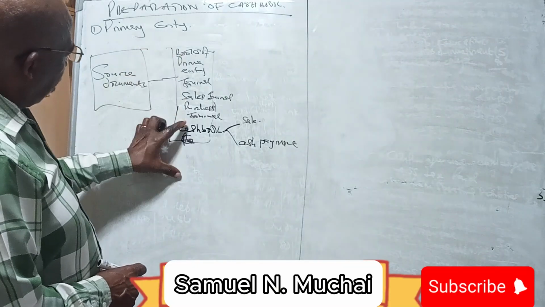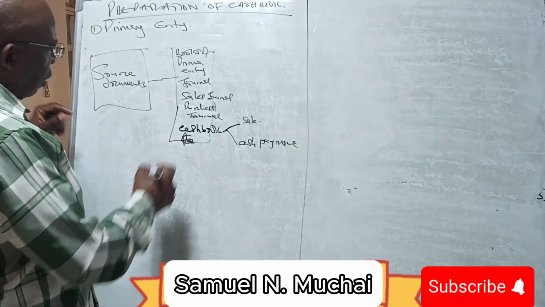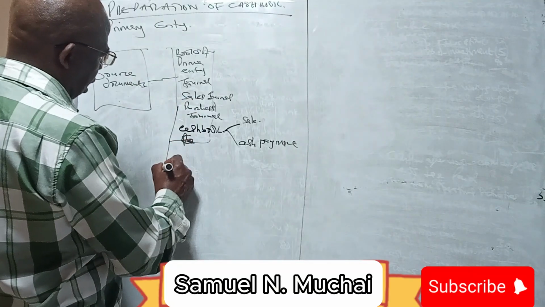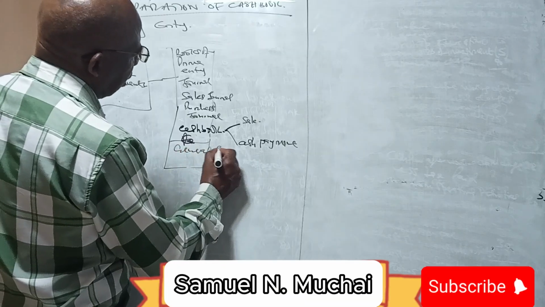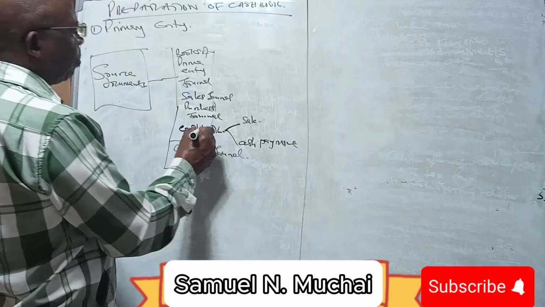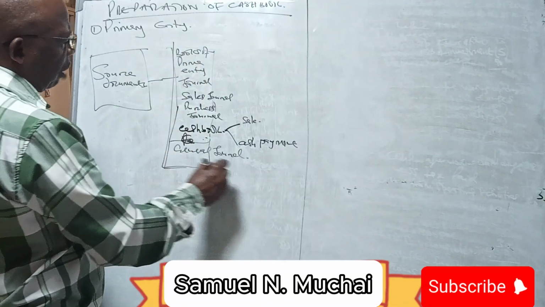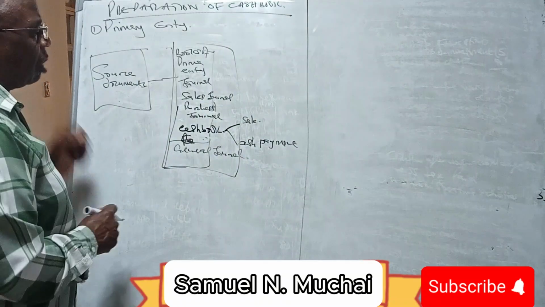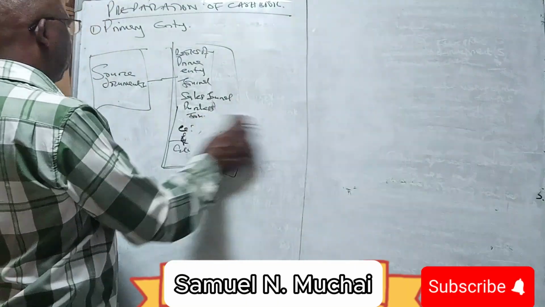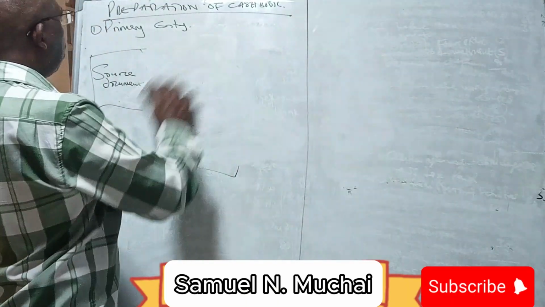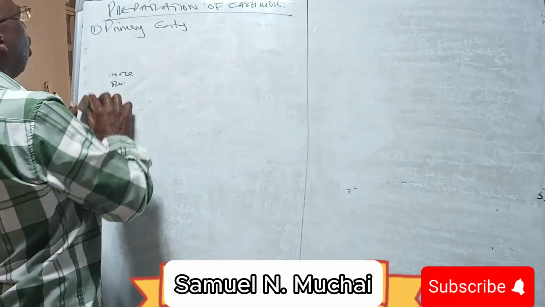So we are saying there are very many books. We also have others like the general journal. So cash book is part of the books of prime entry. Cash book is the most important book of prime entry, and therefore we use the source documents to record in the cash book.